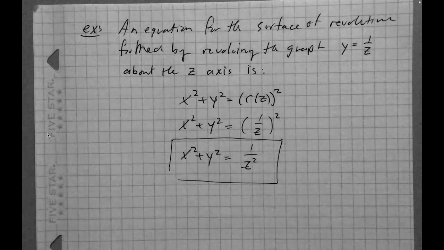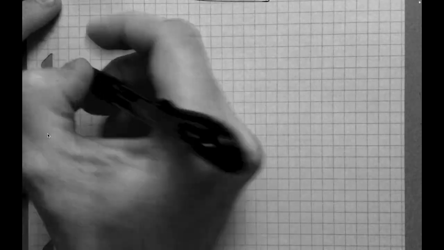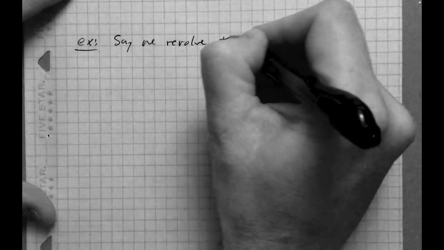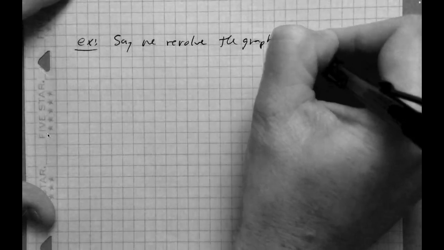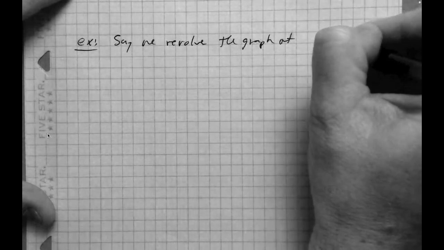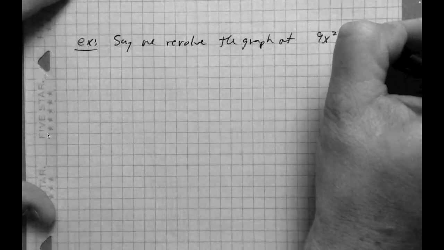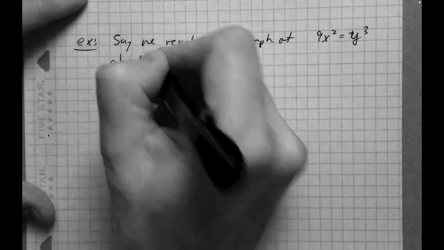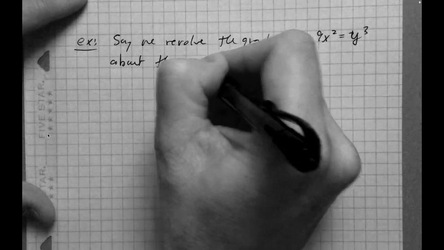Okay, perfect. Let's do one more example here. Say we revolve the graph of 9x squared equals y cubed about the y-axis.